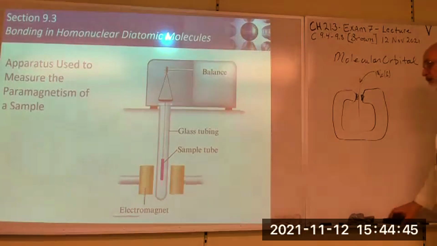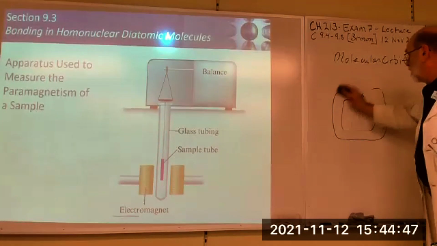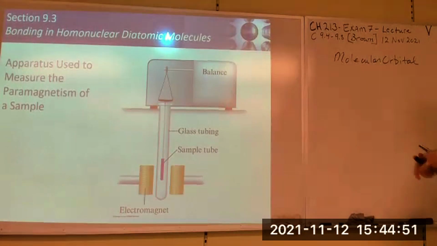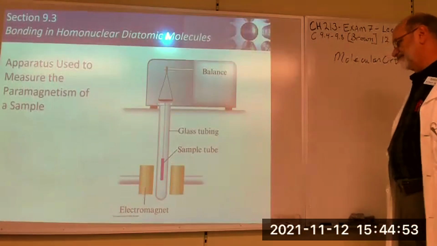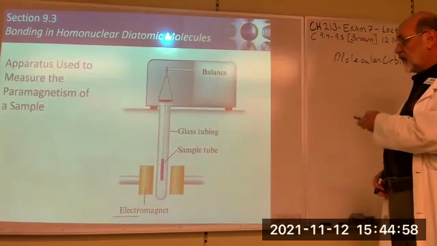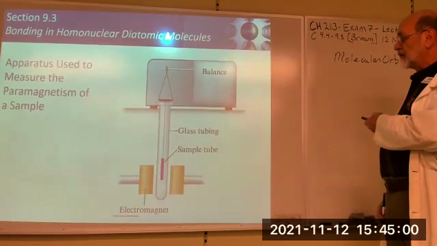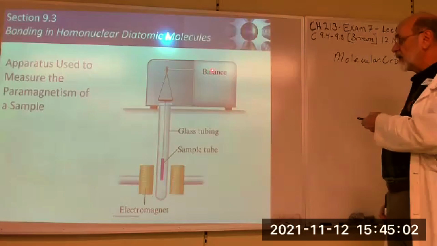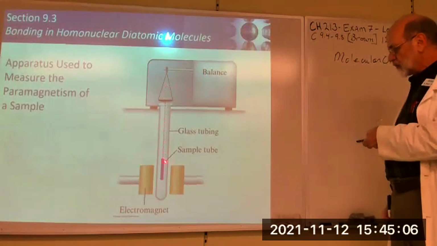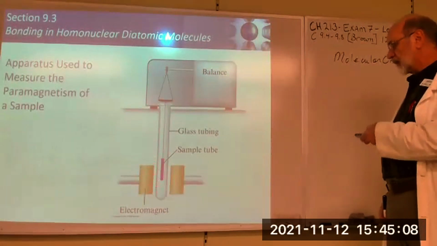Okay, we can measure paramagnetism and diamagnetism using a device. This is kind of a stylized version of it, but it represents reality. In some form or fashion, you have a very, very sensitive balance, and you lower your sample into a strong magnetic field.